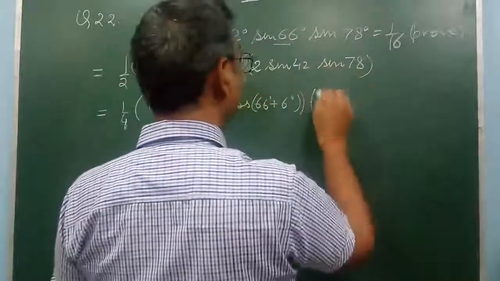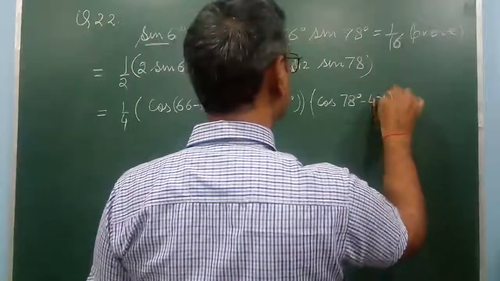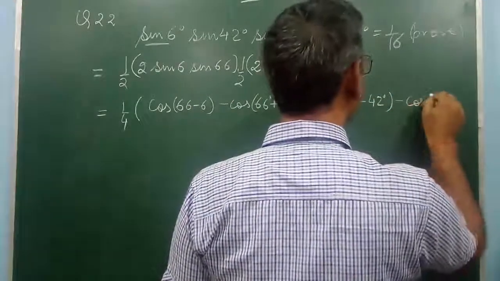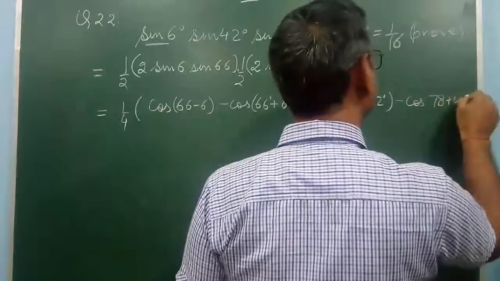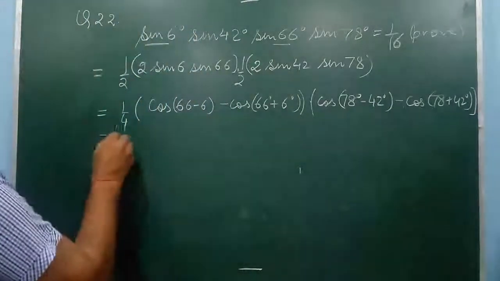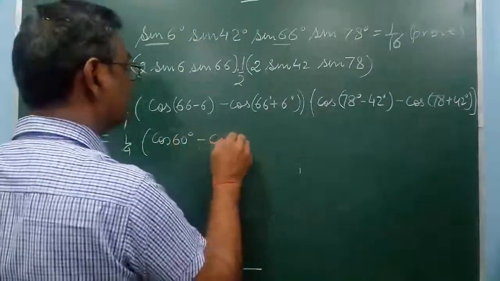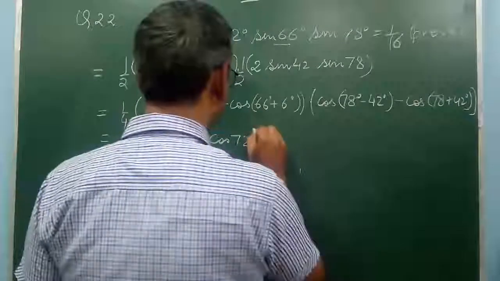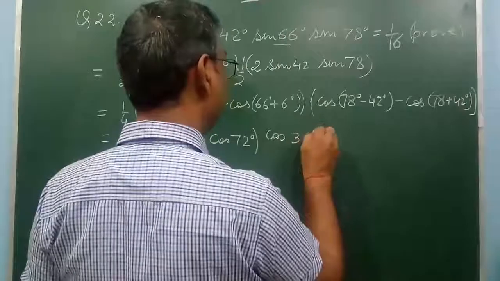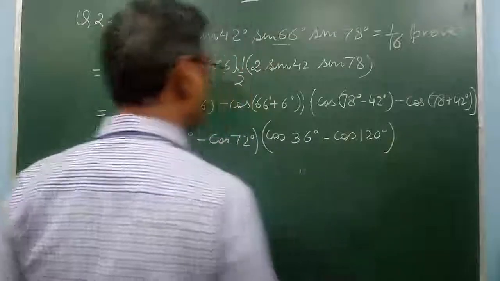Again cos (78 minus 42) minus cos (78 plus 42), this one. Now this is cos 60, this is cos 72 degree, this is cos 36 degree, and this is cos 120 degree. This one we have got.